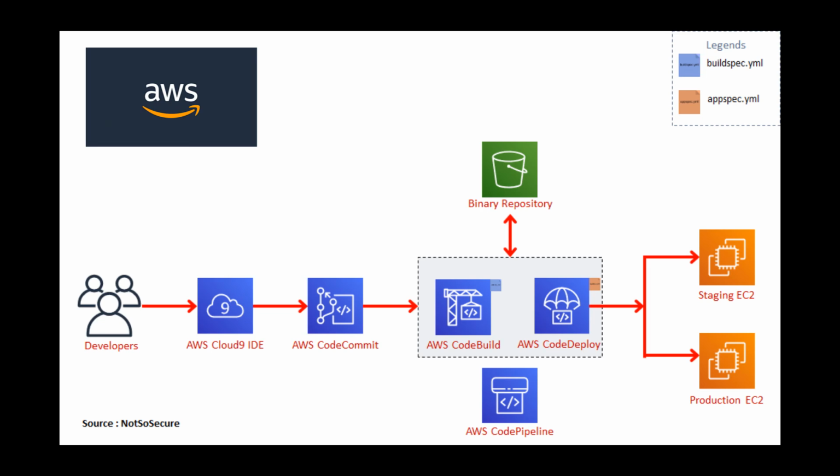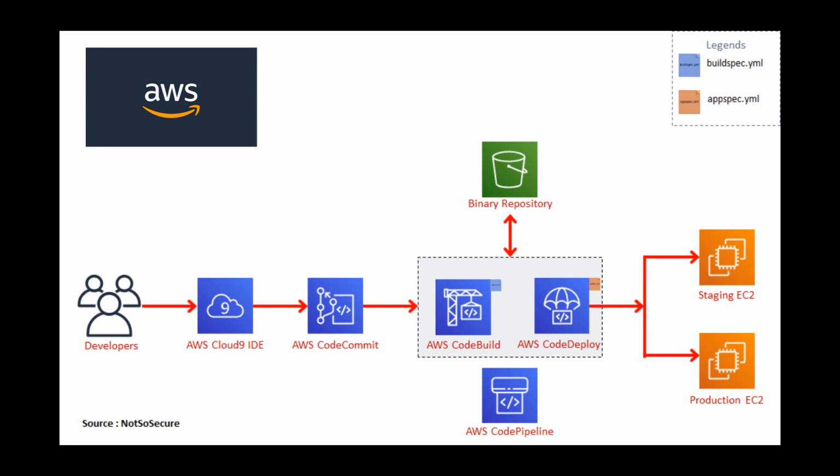AWS CodeBuild is a service where developers can compile their source code, perform integration for multiple SCMs, and create build artifacts. It is configured using a buildspec.yml file where all instructions related to integration, compilation, and build are declared.